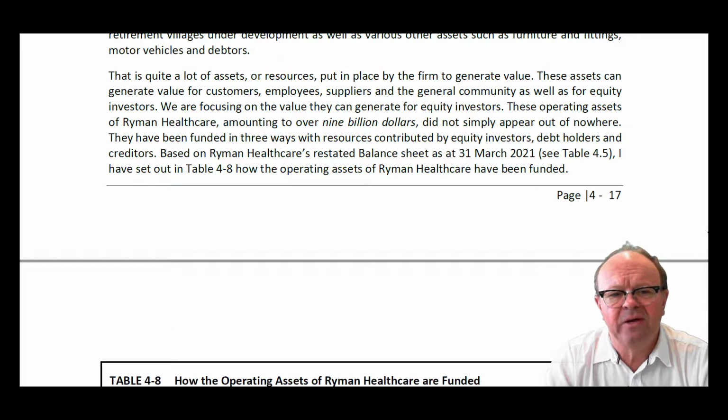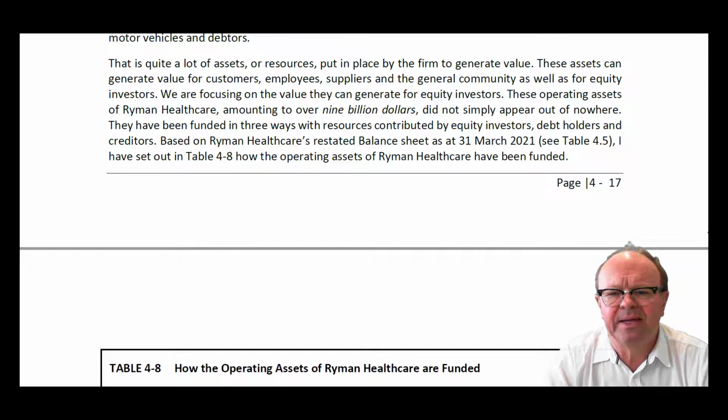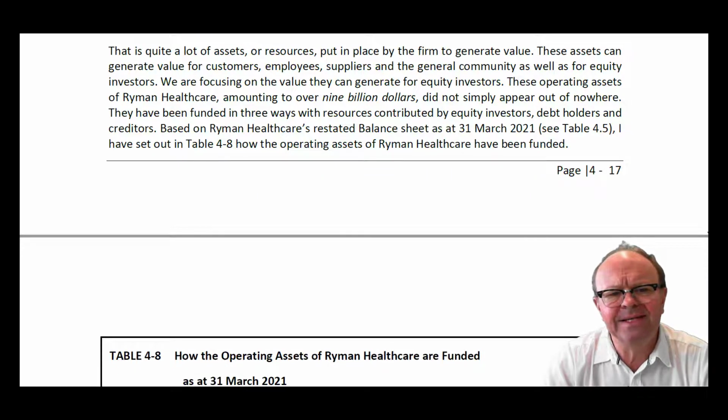That is quite a lot of assets or resources put in place by the firm to generate value. These assets can generate value for customers, employees, suppliers and the general community, as well as for equity investors. We are focusing on the value they can generate for equity investors.